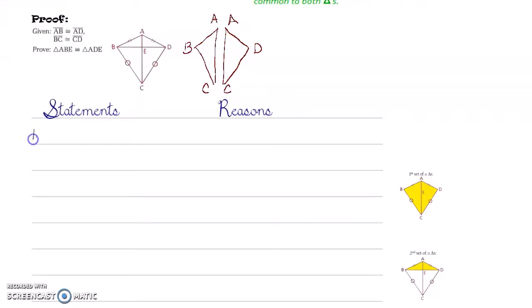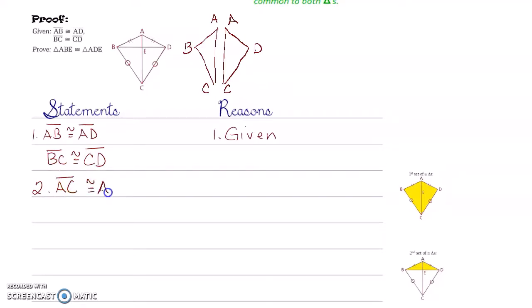So we have AB is congruent to AD, and that's given. And I may as well, since I'm going to use it right away, note BC is congruent to CD, also given. Then AC is congruent to itself by the reflexive property.